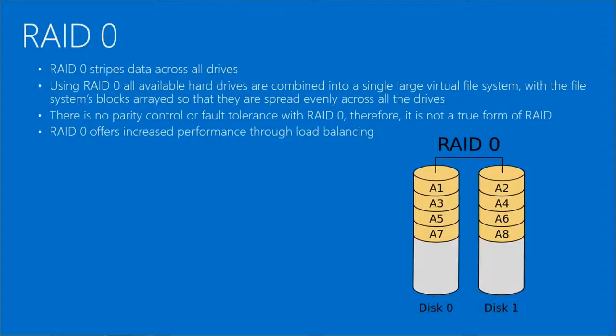So RAID 0. I mentioned that not all levels of RAID are fault tolerant. RAID 0 is that RAID. It stripes data across multiple drives. So if either of those drives fails, you've lost all your data.